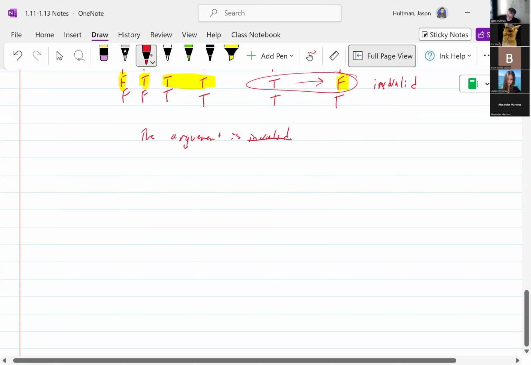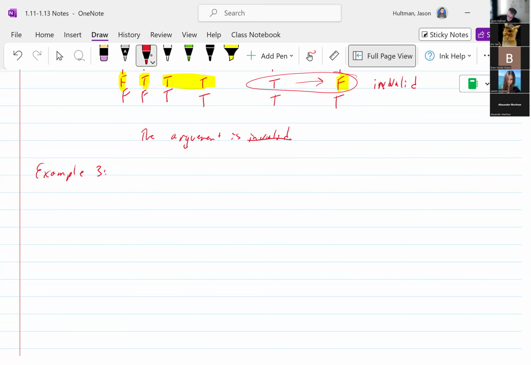Okay, example 3. Check the validity of the argument.